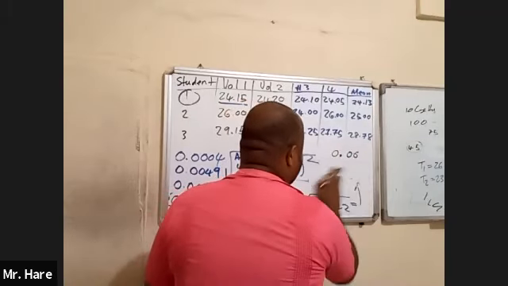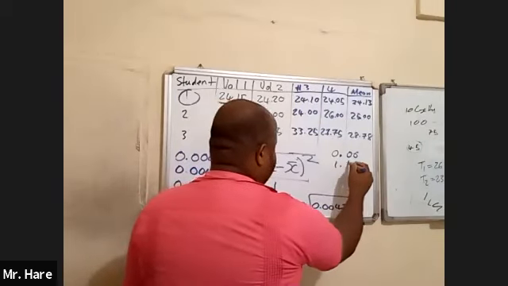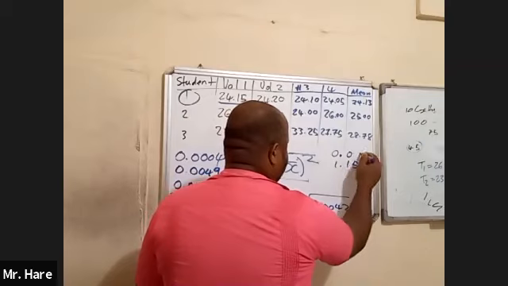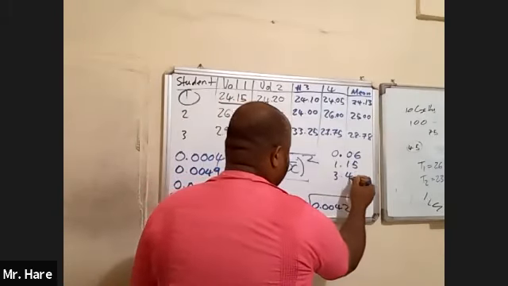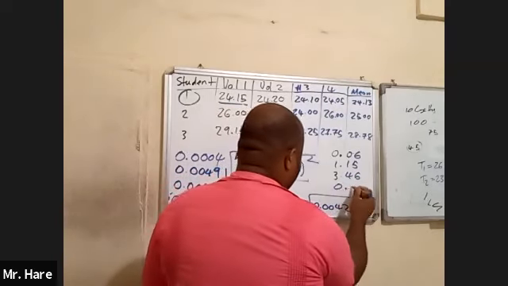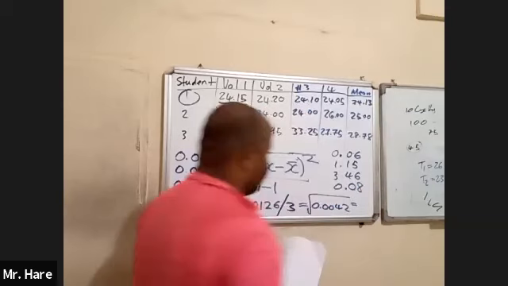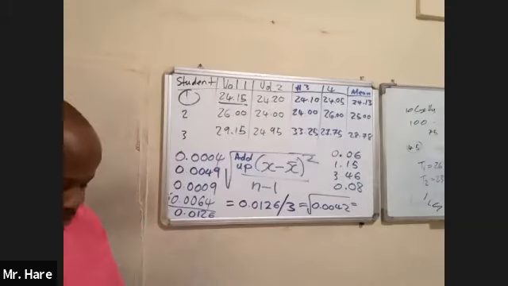That was for student 1. Then 1.15, that was for student 2. Then 3.46, that was for student 3. And then 0.08, that was for student 4.